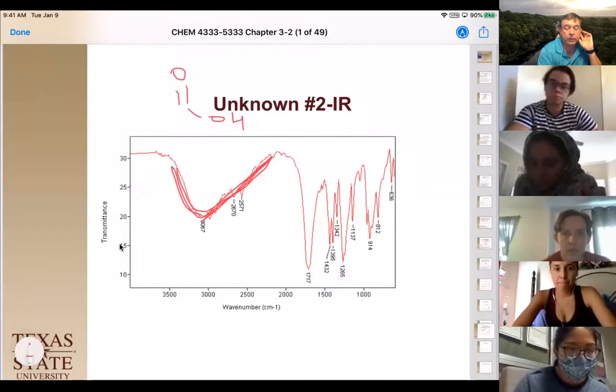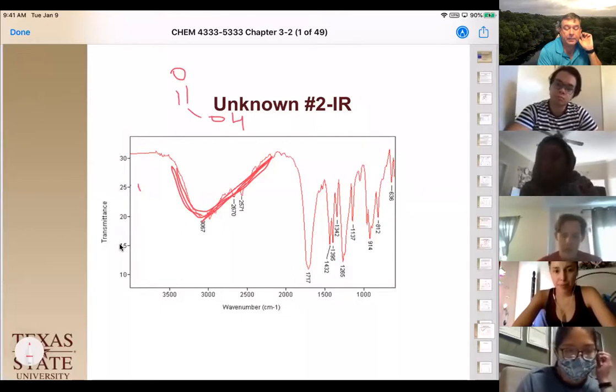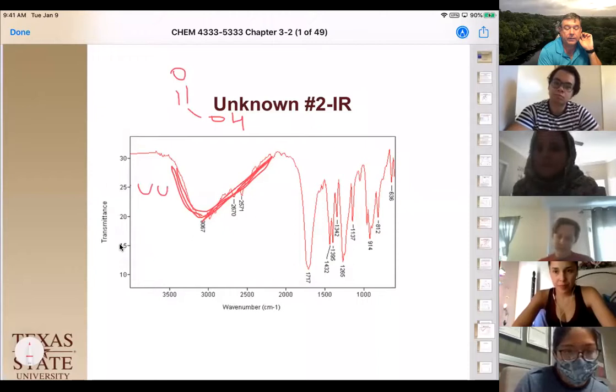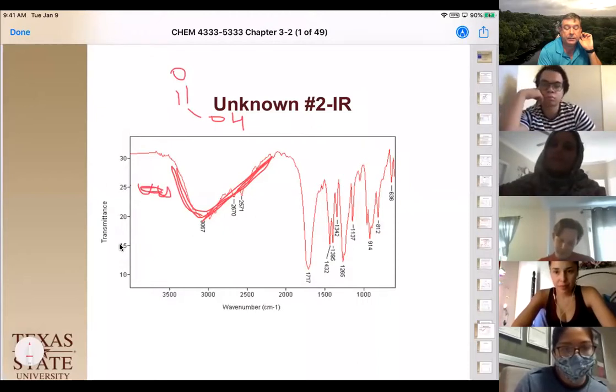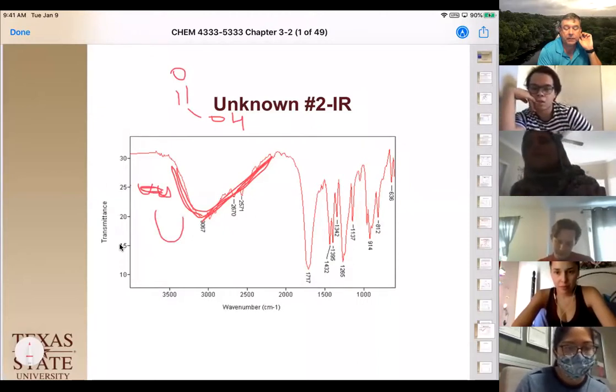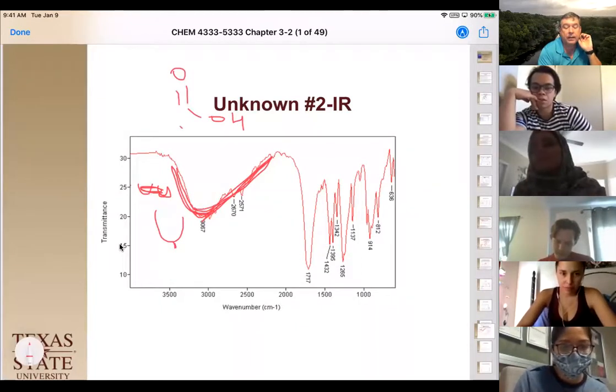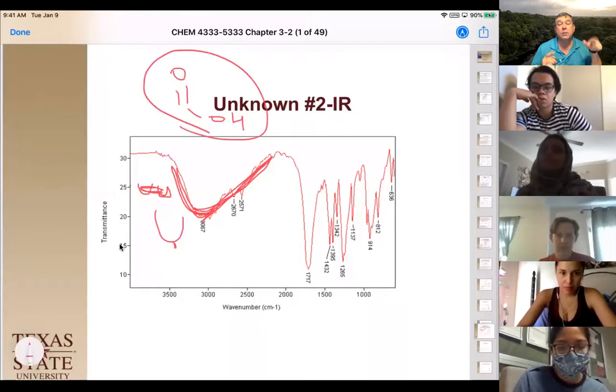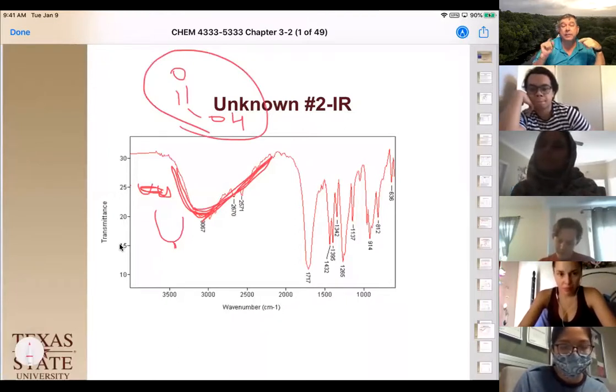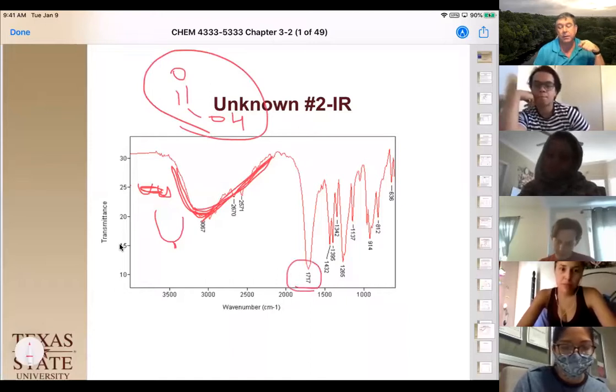Your amide peak is going to be higher, around 3200 to 3500, with 1 or 2 peaks. The alcohol is going to be around 3200, but because this is centered right around 3,000, we're thinking carboxylic acid. So if we have a carboxylic acid, we should see a carbonyl group as well. And we see a carbonyl group here.